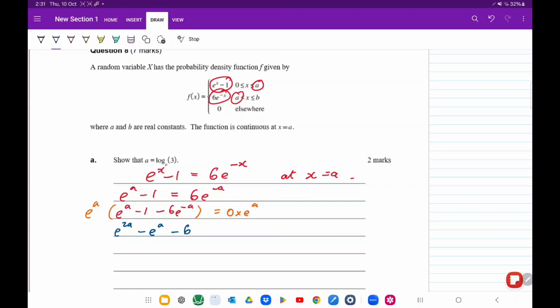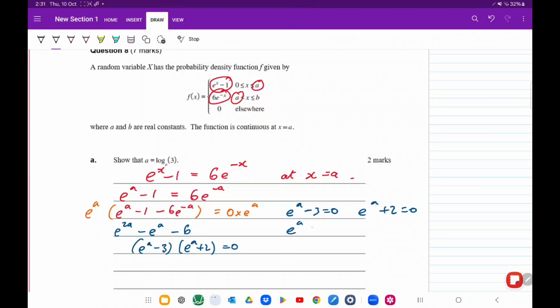And what happens is that you can factorize this by using quadratic factorizing. So this becomes e to the power of a minus 3, e to the power of a plus 2 equals 0. And so therefore e to the power of a minus 3 equals 0, or e to the power of a plus 2 equals 0.